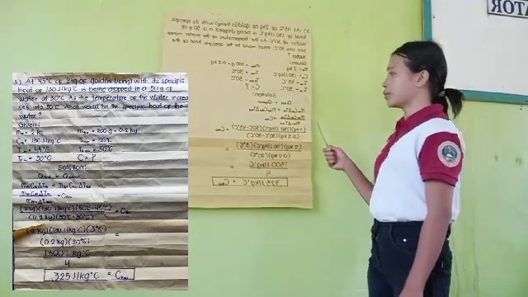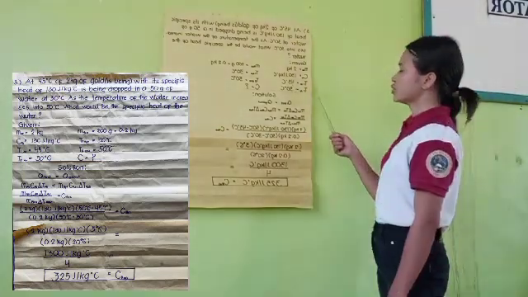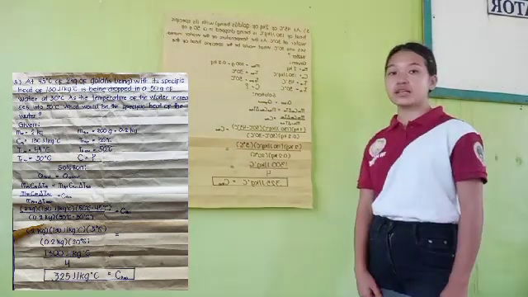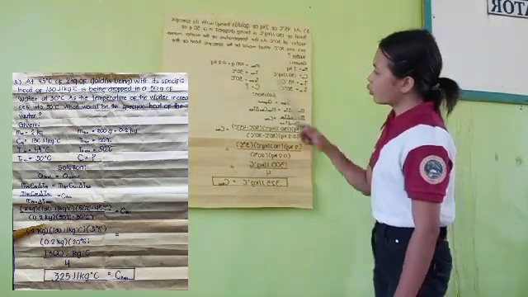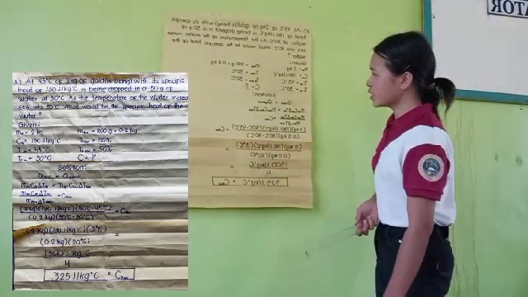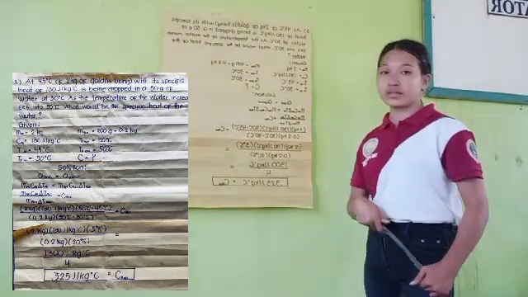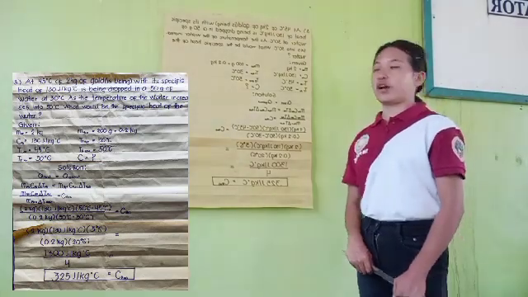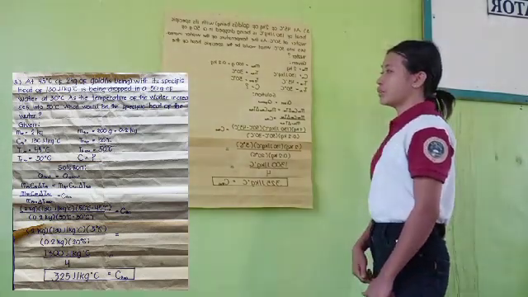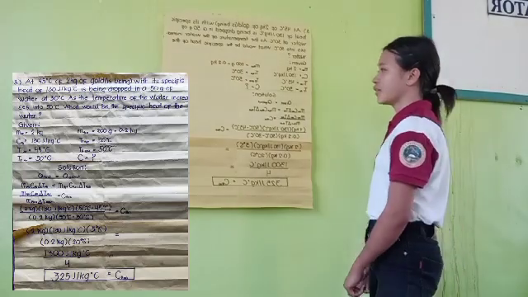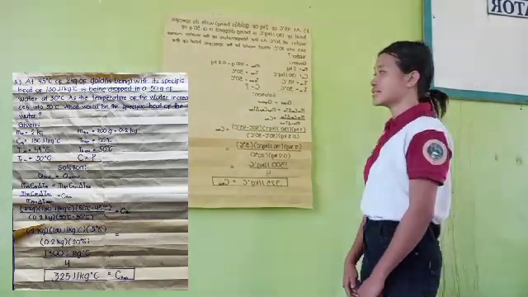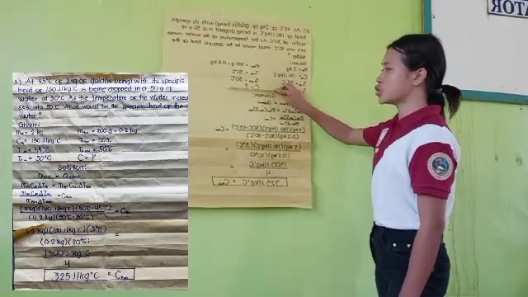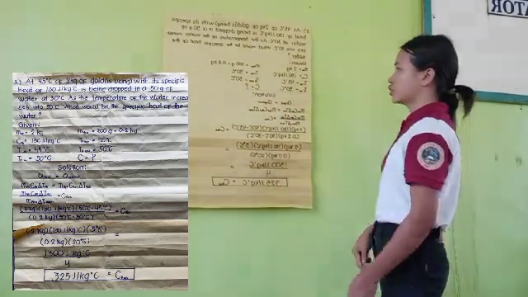Its initial temperature is 45 degrees Celsius, and the final temperature of the gold is 50 degrees Celsius. Go to the other side. The mass of the water equals 200 grams or 0.2 kilograms. Its initial temperature is 30 degrees Celsius, and the final temperature of the water is 50 degrees Celsius. And the missing one is the specific heat of the water.